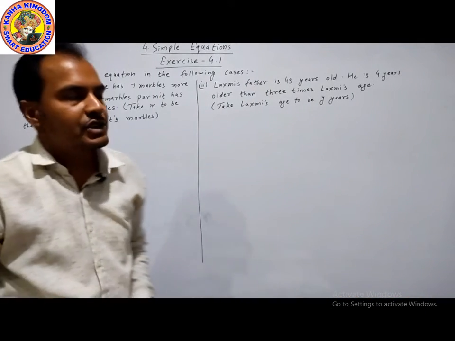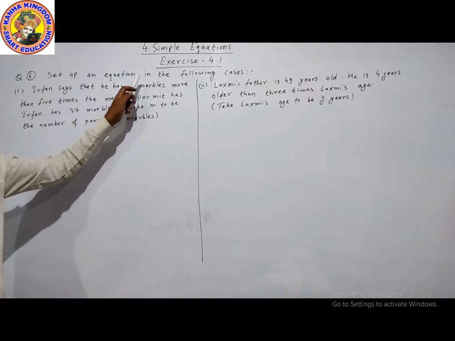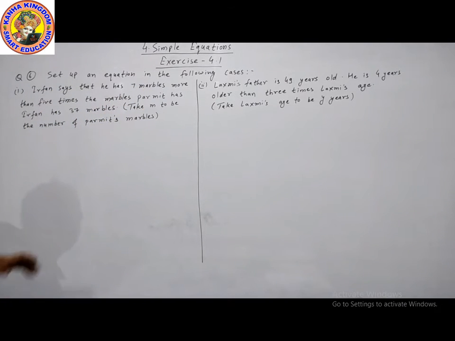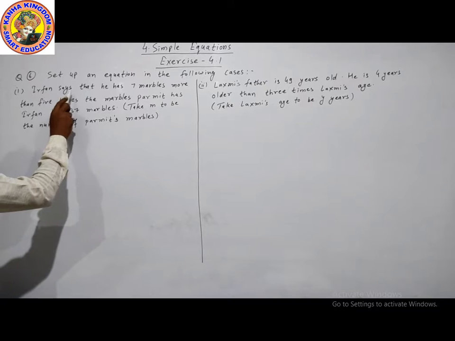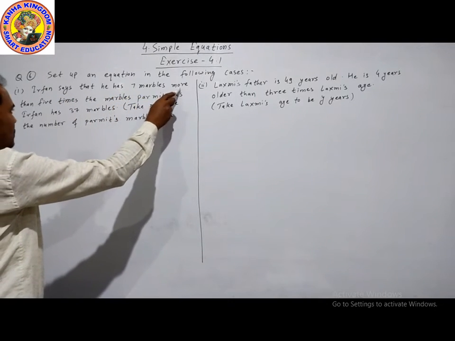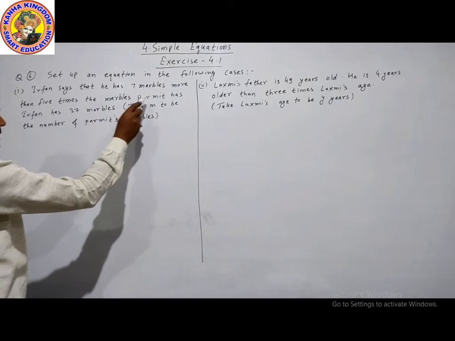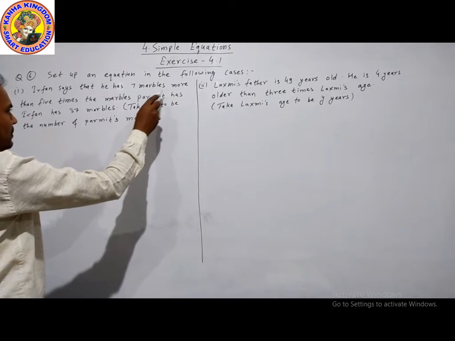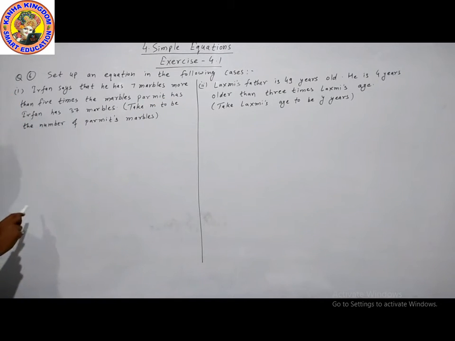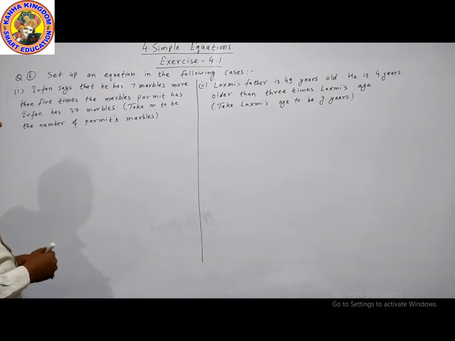Now our next question is question number 6. Set up an equation in the following cases. We have to write down the equation of these questions. First is Irfan says that he has 7 marbles more than 5 times the marbles Parmit has. Irfan has 37 marbles.